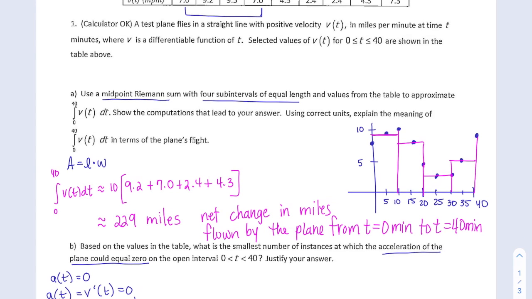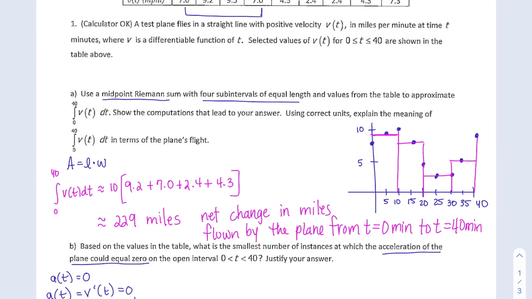They both equal 7.0. And v of 25 equals v of 30, which is 2.4. So what that tells me is that if I found the slope of the secant line through those 2 points, that slope would be 0.